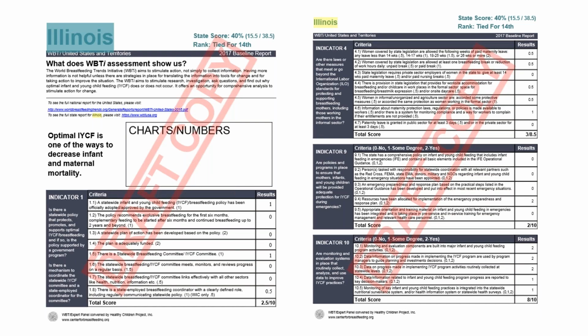Here is the scoring for Illinois. You can see the indicators that we looked at were indicator 1, which looks at whether or not there's a state policy; indicator 4, which is about maternity leave; indicator number 9, which looked at protection during emergencies; and indicator number 10, which asked whether or not there were state collections of infant and young child feeding data.